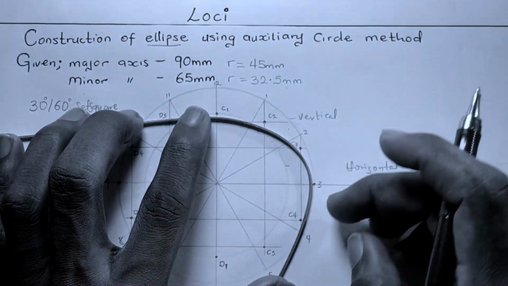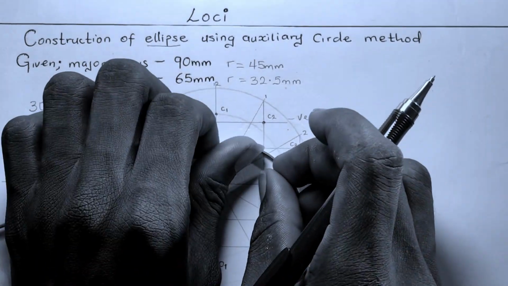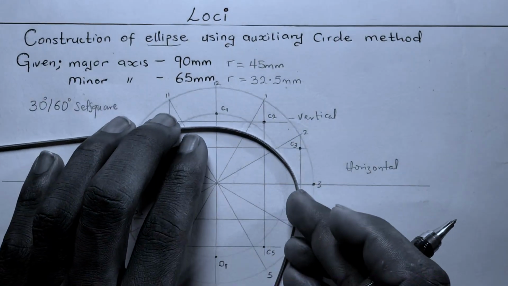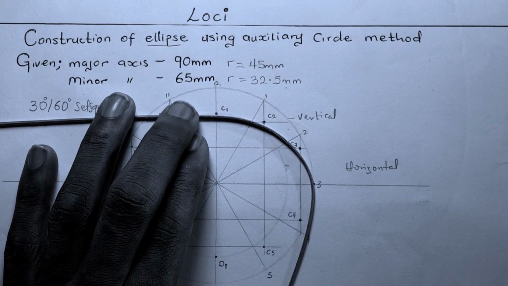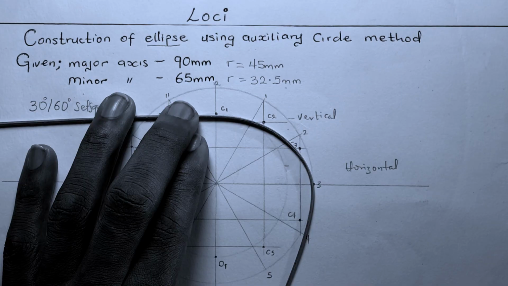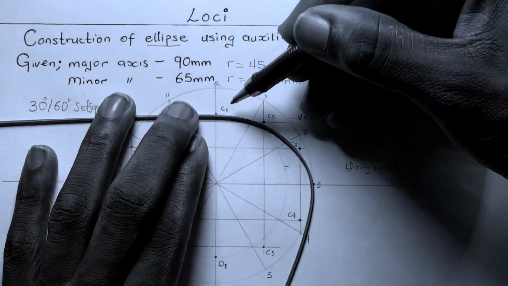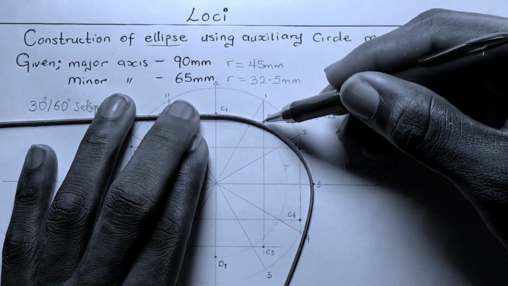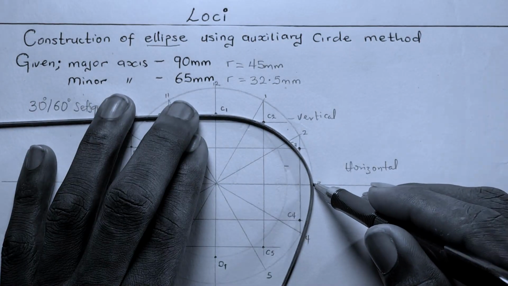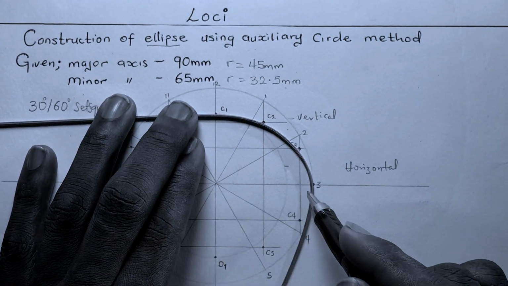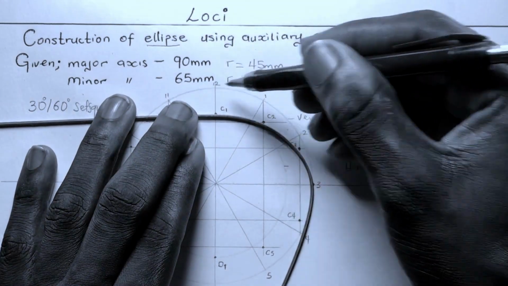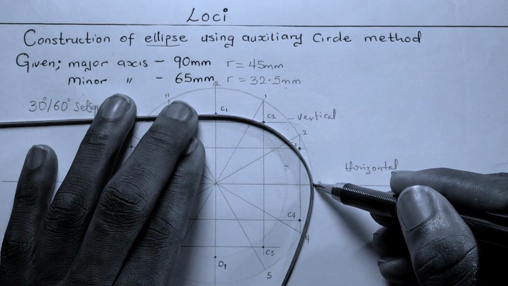Okay, so we ensure that the broom touches every point of intersection on the diagram so as to draw out the four sides of our ellipse. So after we have ensured that the broom touches every point of intersection, the next thing to do is to draw it quadrant by quadrant.